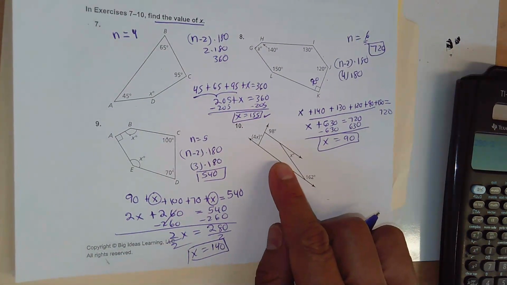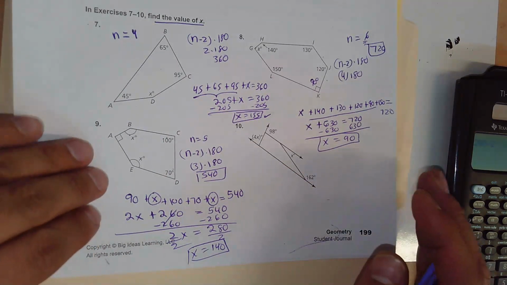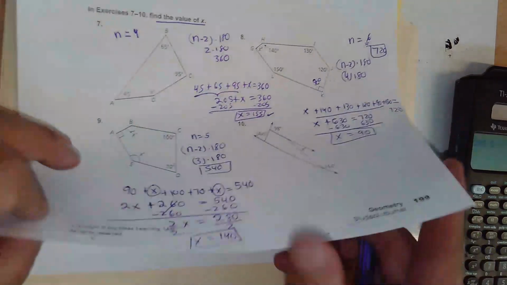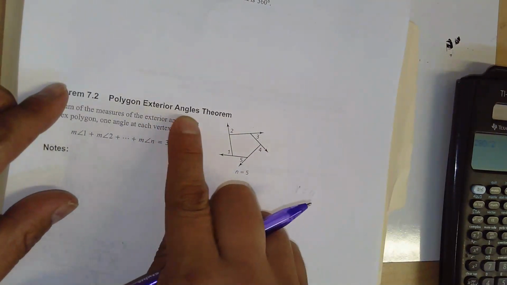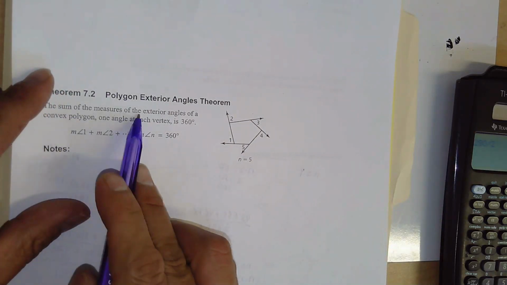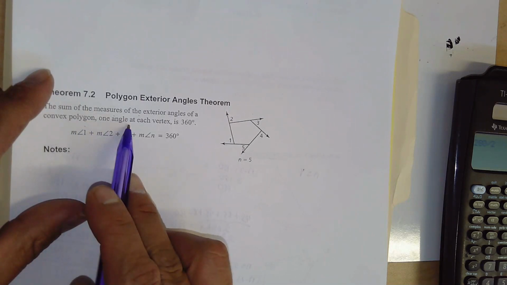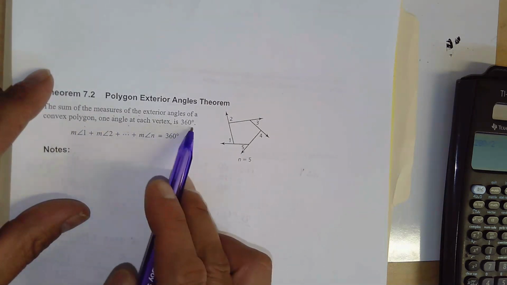Now here, they're all exterior angles. They are not congruent, but we do have the polygon exterior angles theorem that states that the sum of the measures of the exterior angles of a convex polygon, one angle at each vertex, is 360.